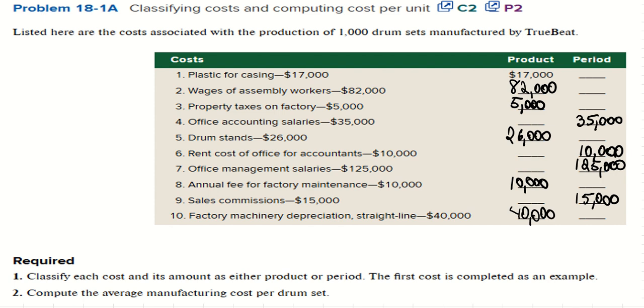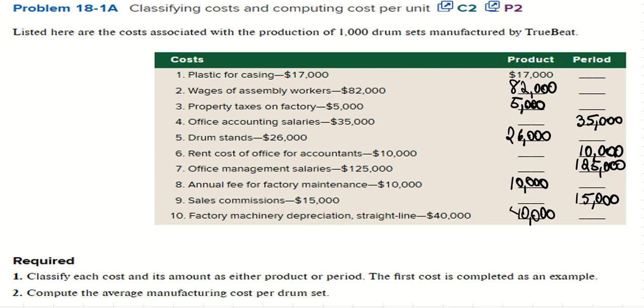Okay, so this is in regards to a factory machinery. So a machine in the factory. So since it's in a factory and it's a machine that is being used to manufacture the products, that depreciation there is going to be a part of the product cost. All right, so we just completed number 1.